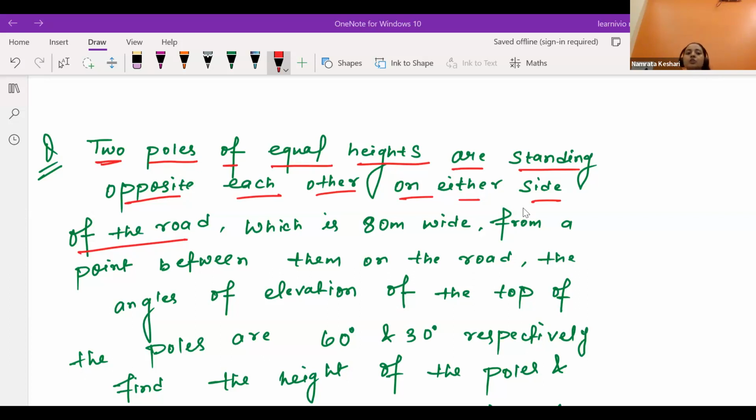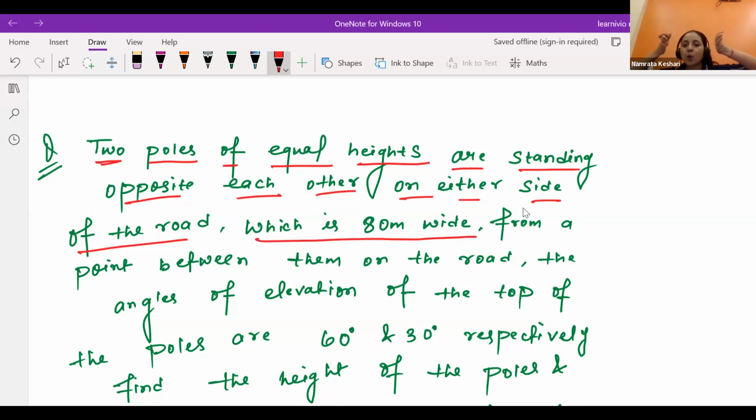Okay, let's continue. So two poles of equal height are standing opposite to each other. Now we wanted to draw two poles which are of equal height, but we were not sure how to draw: just beside each other, or by maintaining some distance. We were not getting a clear idea. That's why we read the question: two poles of equal height are standing opposite each other on either side of the road, which is 80-meter wide.